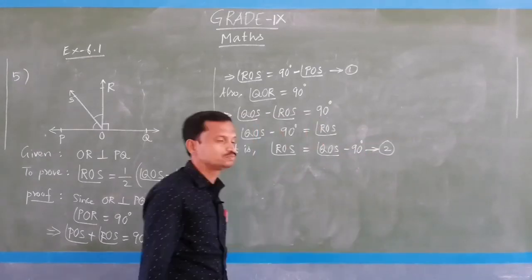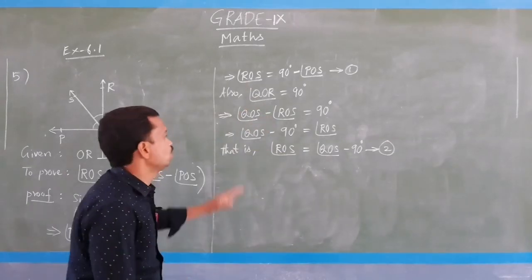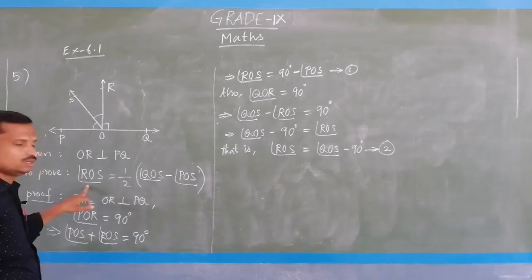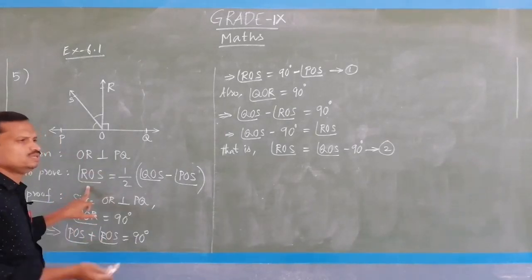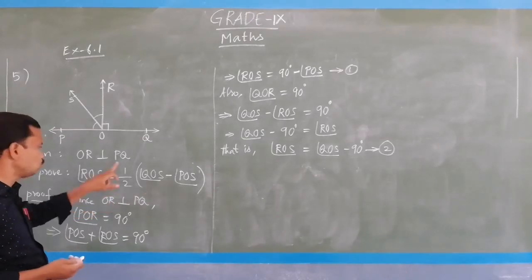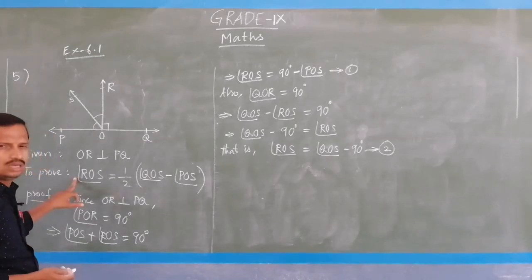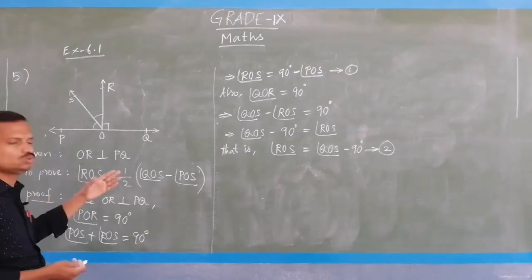So, from 1 and 2, you see the left hand side is ROS. What should we do now? Here in the proof part, we have to look at what is to be proved, then it will be easy to get the proof. ROS is equal to 1 by 2, half, it is given. So if the 2 is transposed to the right side, it becomes 1 by 2.